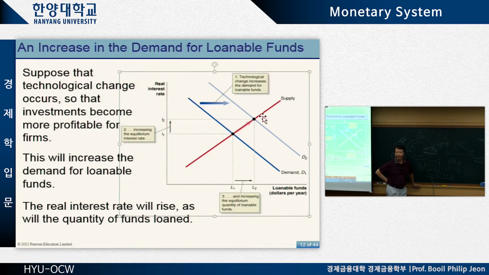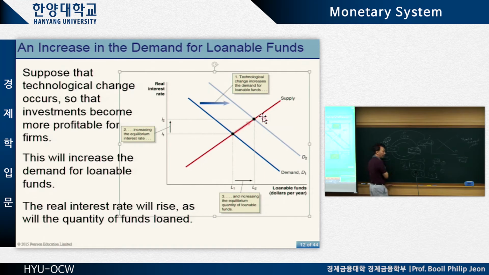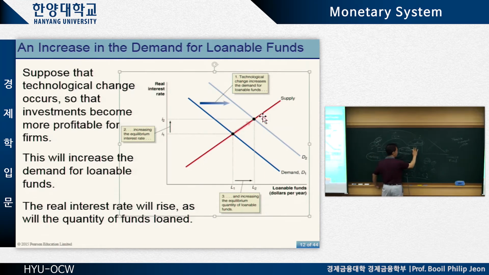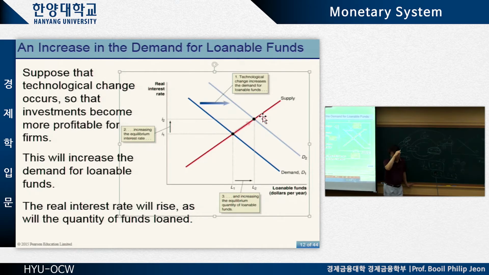Is it possible? Good question, right? If households saved only 0.2 billion, can companies borrow 0.3 billion? Is it possible? What do you think? Any idea?